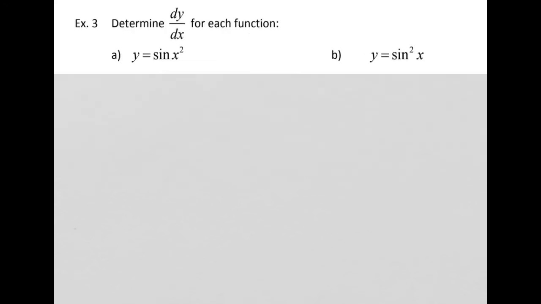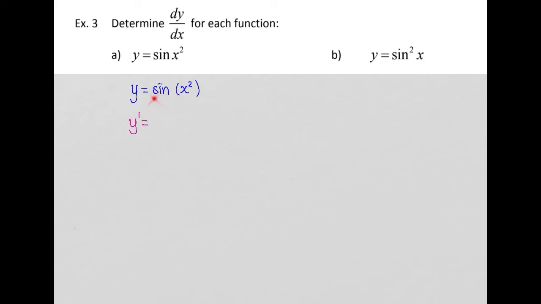For example number 3, I want to show you the difference between those two functions. One exponent in the middle and one exponent on the side. So let's look at part A. y equals sine x squared. So that exponent only applies to the x. So when we do the differentiation, we will do this.